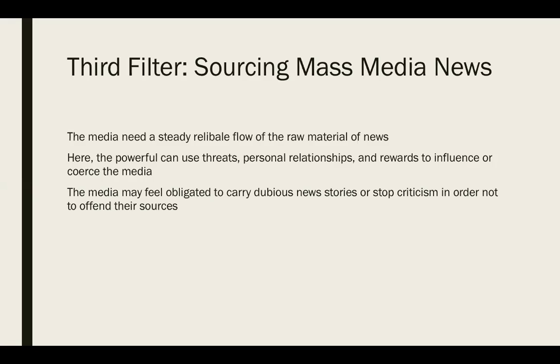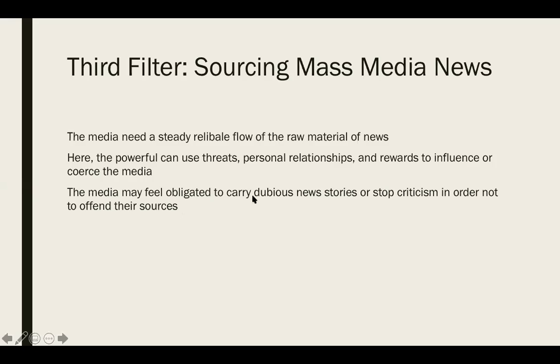If journalists have close connections with people in the Pentagon or the White House, they do not want to offend them. Journalists would try to abide by what their sources tell them. So that is how sources can also affect the information that gets to us, or some sort of propaganda may intervene into the information from sources that gets to us.